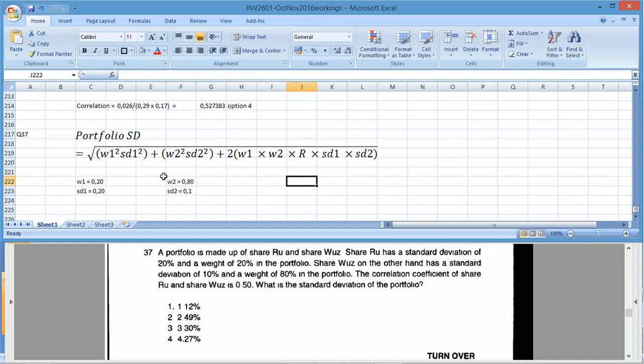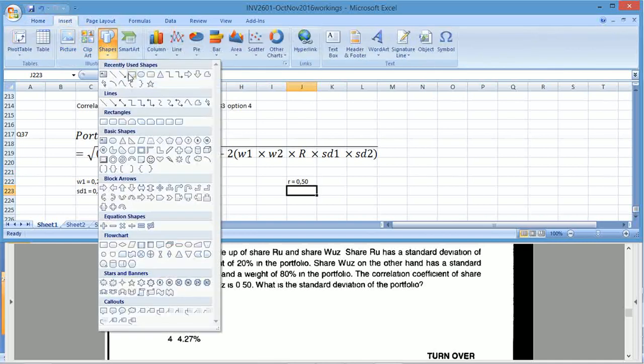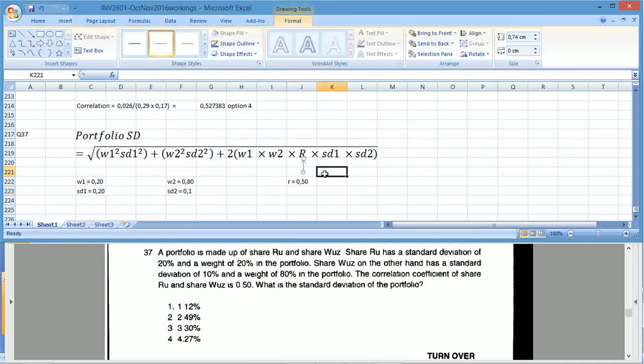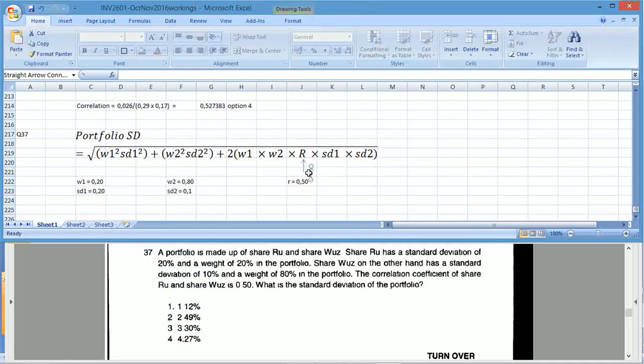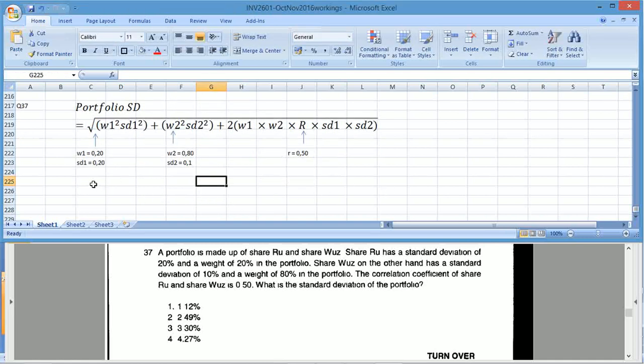Okay, and then obviously your R here, R was given as 0.50. Right, so that's what I've got. And then you're literally substituting all of that in and working out your answers.